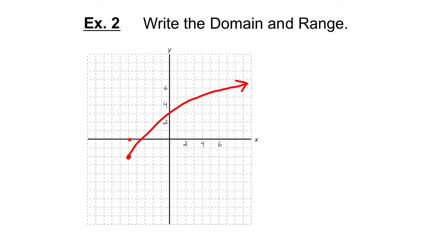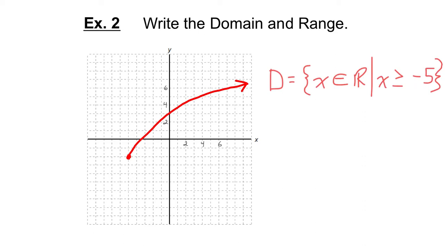So x can be -5 and anything higher. It cannot be less than -5 because the function doesn't go beyond that point. So the way I write that, domain equals, okay, x is an element of the real numbers, but there's a restriction. X must be greater than or equal to -5.